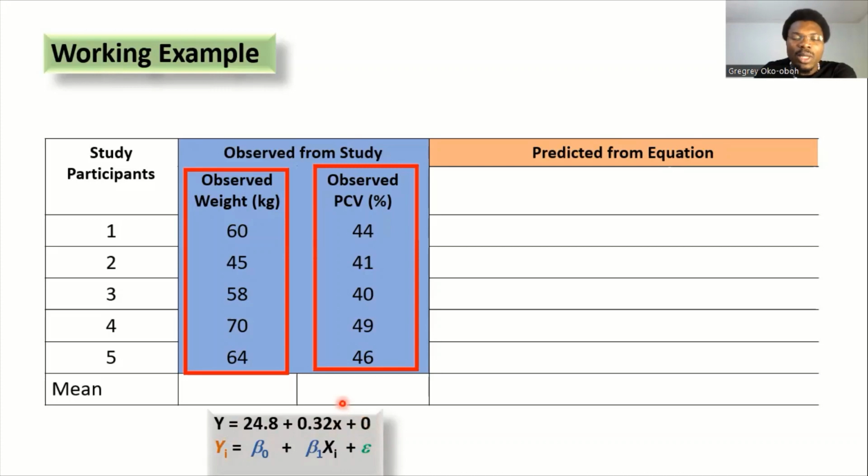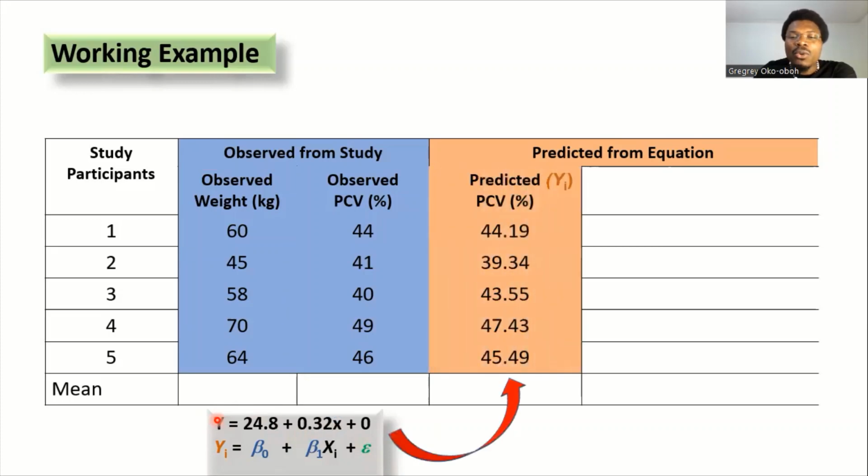And how do we actually calculate this residual error? We do that by simply taking the observed independent variable, in this case the weight, and then one after the other, putting the data points into the equation and using that to predict a possible PCV. If we do that for all the 5 data points, we'll get these predicted values of the PCV.